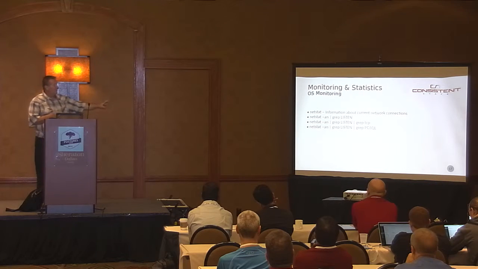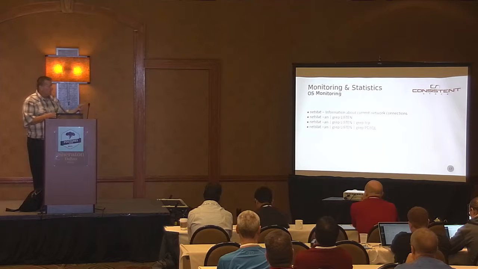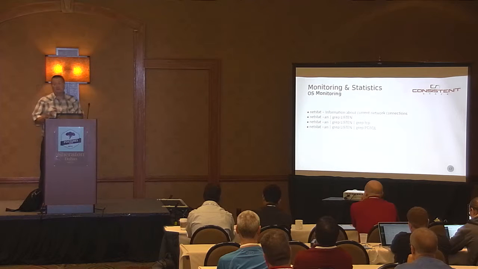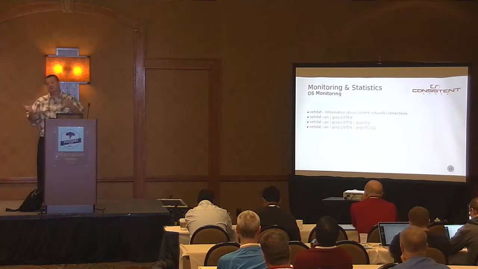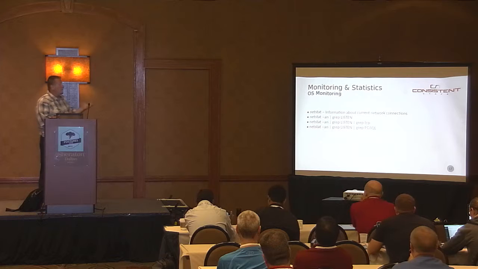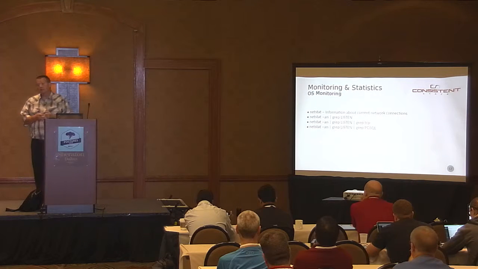For example, on that bottom line, if we're grepping for pgsql and grepping from the output of grepping for listen, that will only show us the pgsql lines, and we'll be able to see what ports they're listening to.